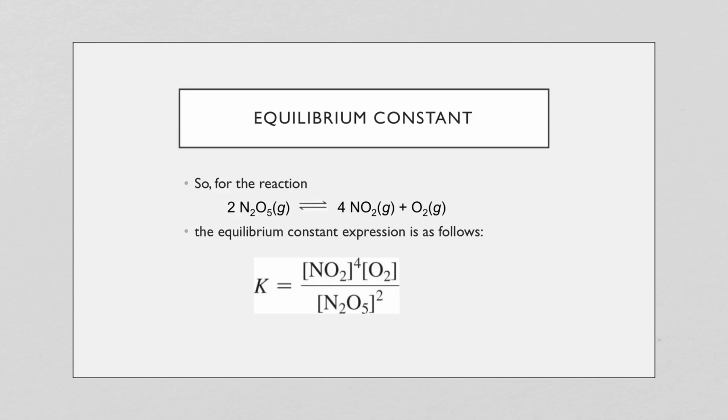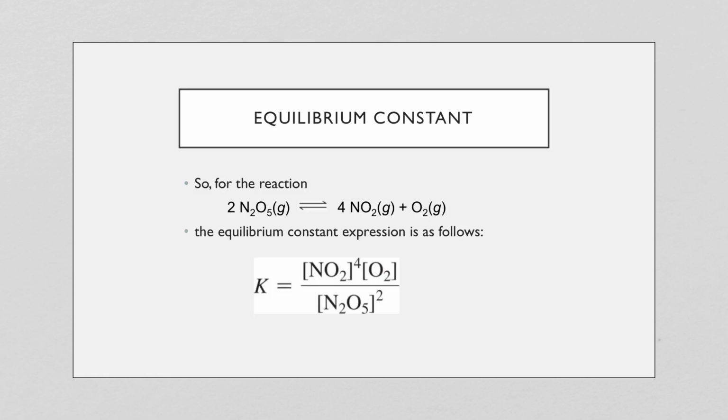So let's explore the equilibrium constant for a few reactions. Let's take our first reaction: 2 moles of N2O5 produces 4 moles of NO2 and 1 mole of O2.